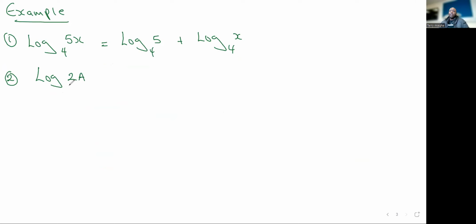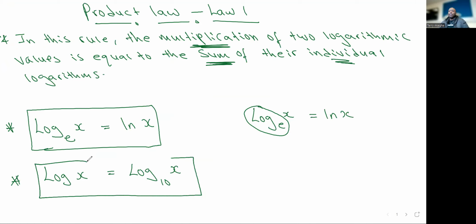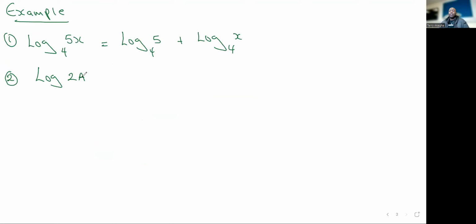When there is nothing for the base of the log here, it means it's a log to base 10. So when we have log x like this, it means it's log x to base 10. So when there is no base here, the convention is that the base is what? 10, all right? So in this case, it's going to give us log 2 plus log a. Or you can write the 10 here if you want to as well.